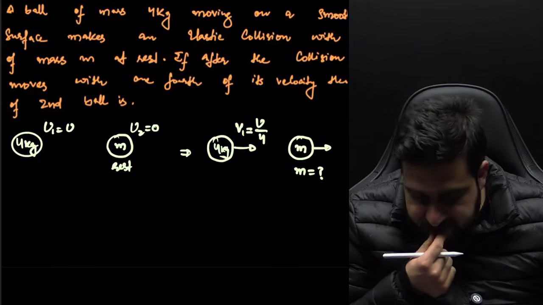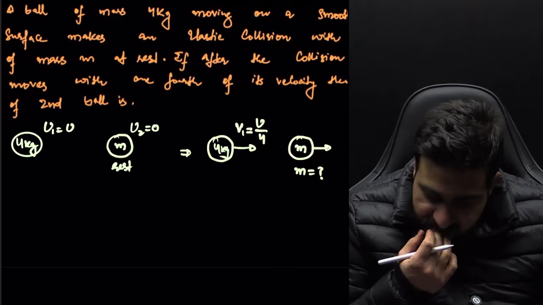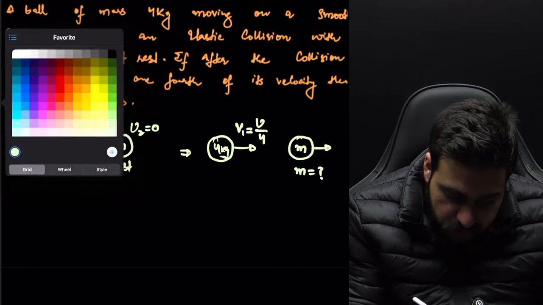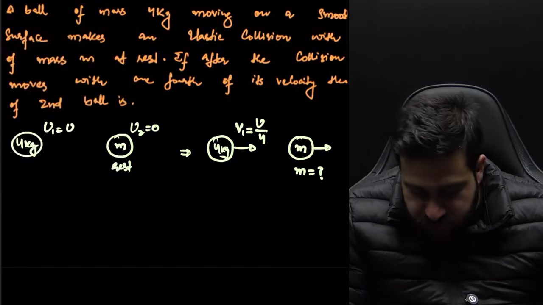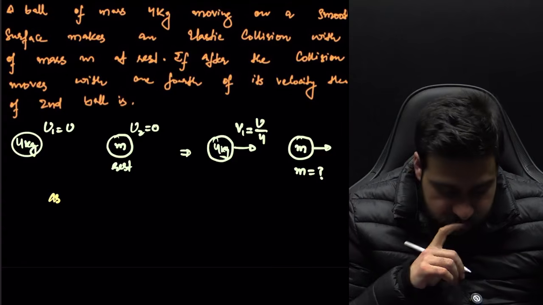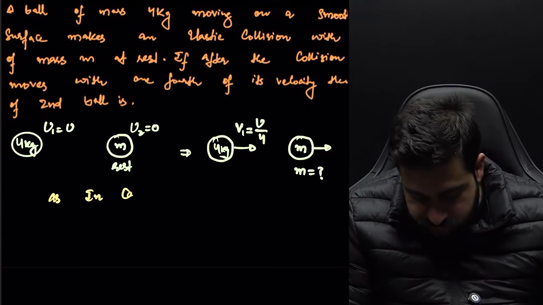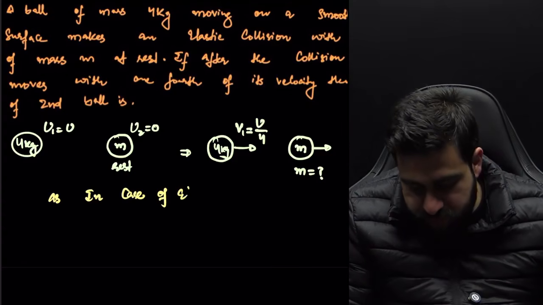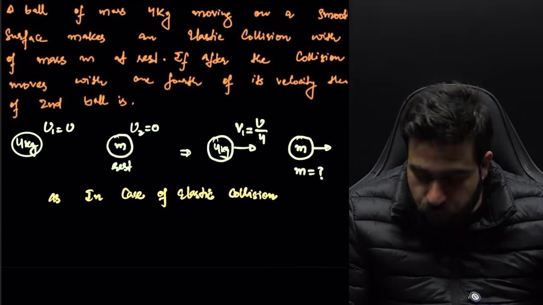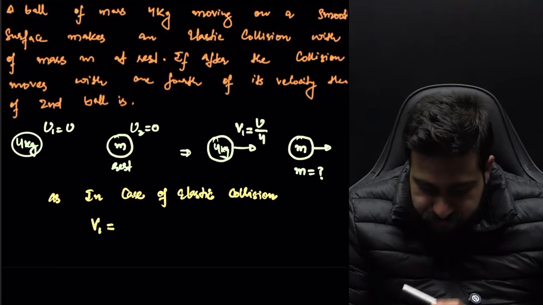Now, my dear NEET aspirants, tell me one thing. If I ask you what is the velocity of the first ball, and this collision is an elastic collision, then in case of elastic collision, what is the value of V1?